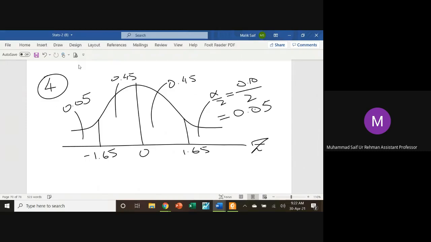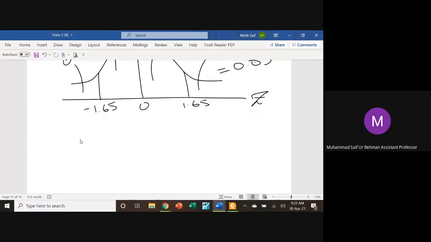So now you can write down: if the calculated z statistic exceeds 1.65 or is less than minus 1.65, we would reject H naught. So this you have to write down over here.